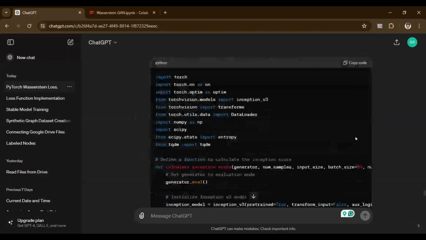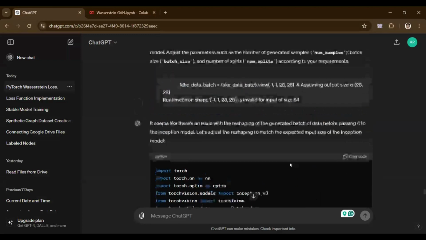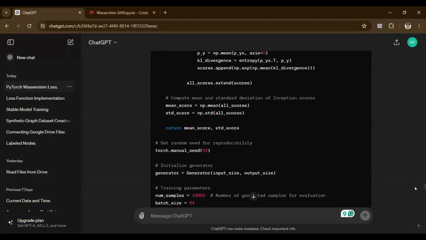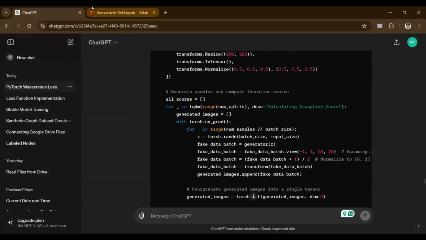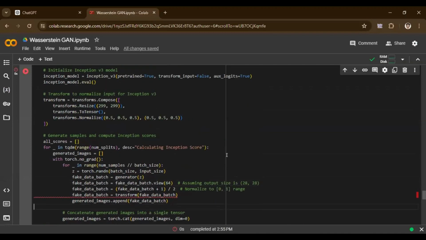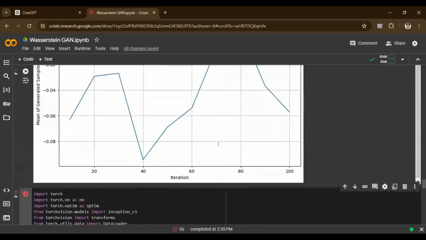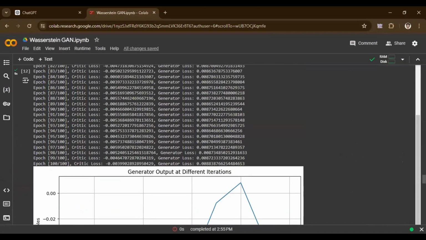But as always, you can try to reprompt ChatGPT so it can give the correct answers by giving it some context of the problems and also the data you are having. In this case, I think ChatGPT doesn't know the output size of this model. But let's see if we can find it.